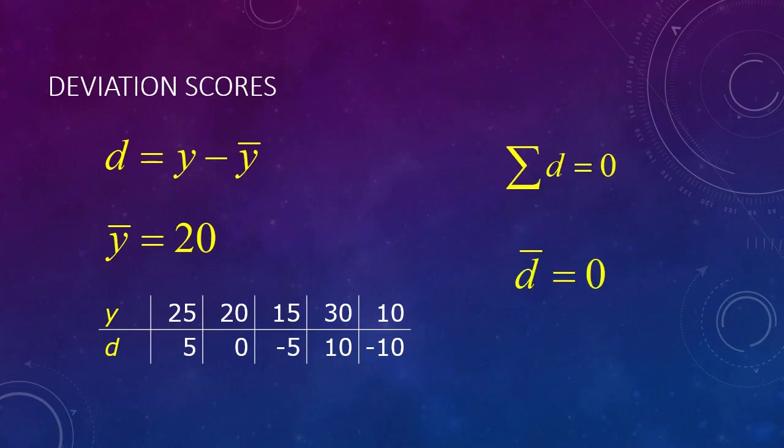Their sum is 0. The mean of deviation scores is also 0. When we talk about average deviation from the mean, we might be inclined to think that we can simply average deviation scores, but we can't. Well, we can, but that would not be a very helpful statistic since it would always be 0.